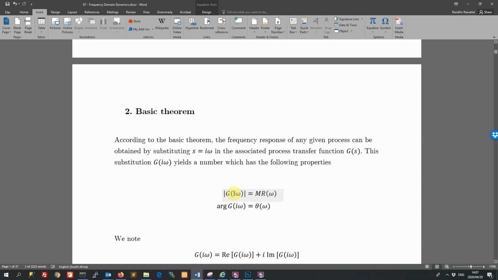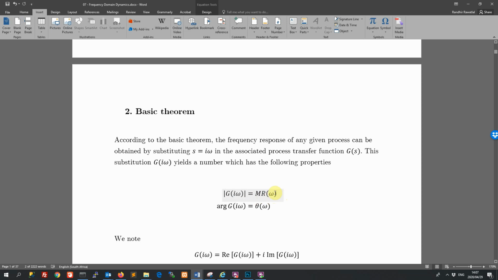So once more, we have this transfer function G of s, and instead of any arbitrary s, if we apply specifically i omega for s, we will then get some complex number, and if we take the magnitude of that complex number, that will be the magnitude ratio at that choice of frequency.